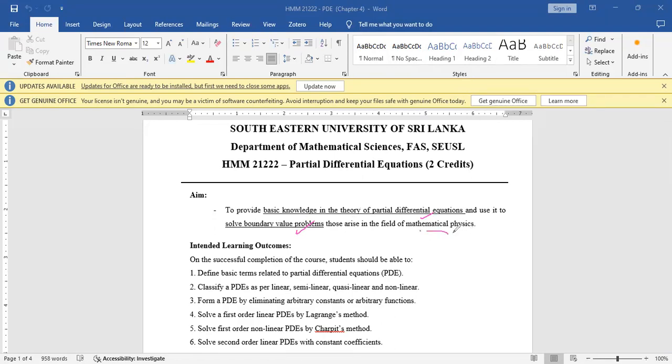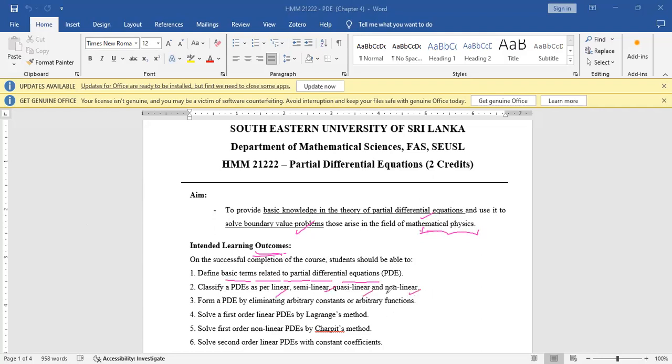Mathematical physics means physics incorporated with mathematical solving processes. Also, let's see the learning outcomes, whether we have reached all these outcomes. First of all, you have to define the basic terms related to partial differential equations, as well as classify them according to linear, semi-linear, quasi-linear, as well as non-linear.